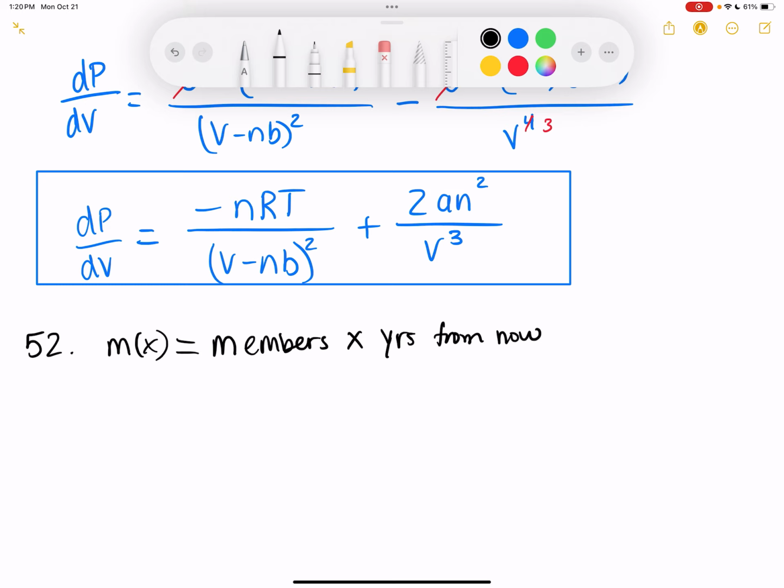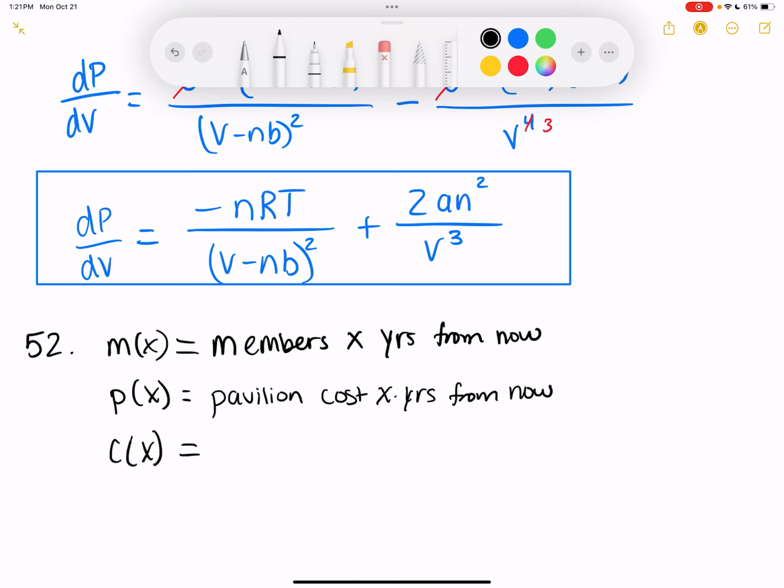Member. P of X is going to be the pavilion cost X years from now. The cost, C of X, is going to be P of X over M of X. So I'm going to look at everything as of right now and where I sit. Anytime we have a rate, that's going to be the value of the derivative.